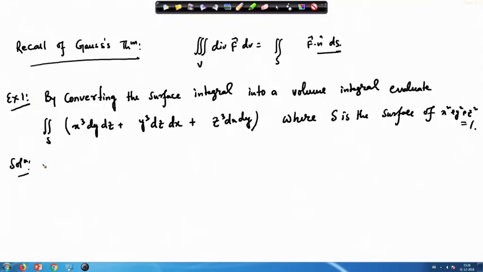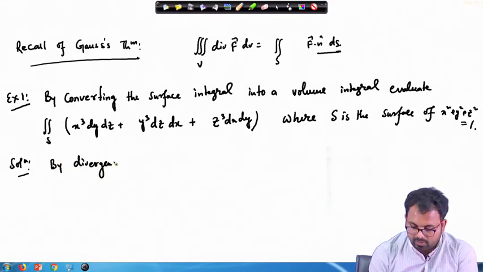From the Gauss divergence theorem, we have learnt this formula.